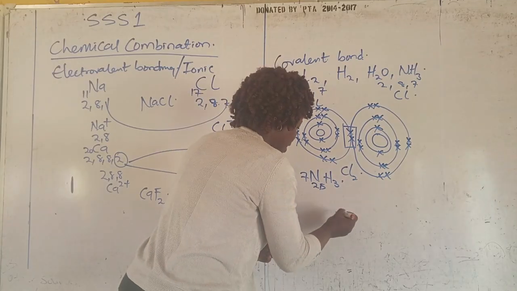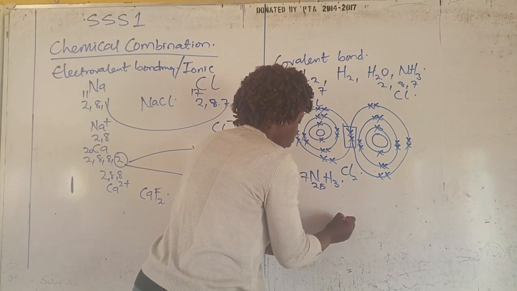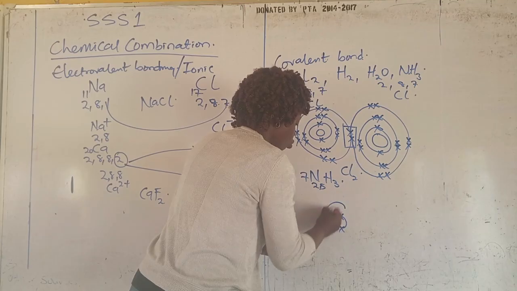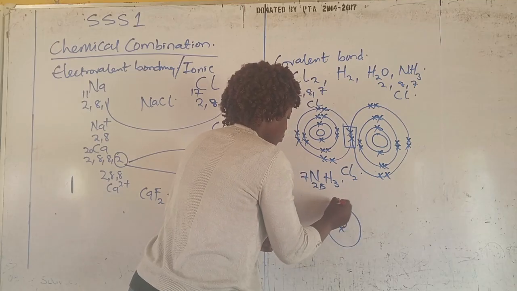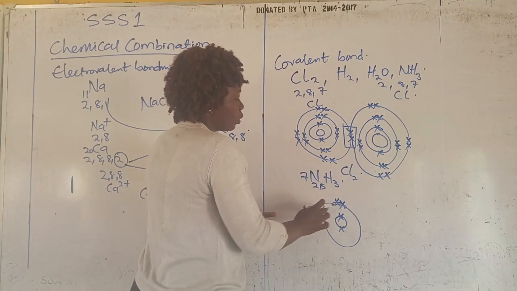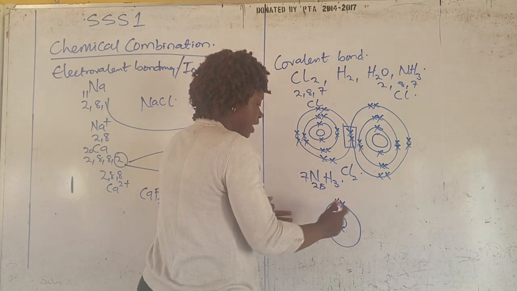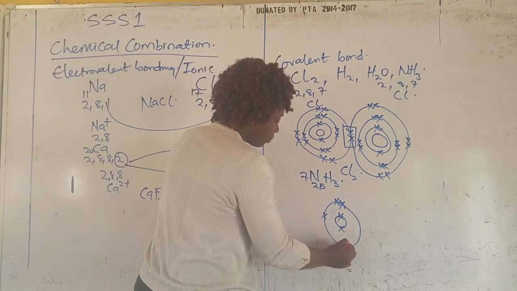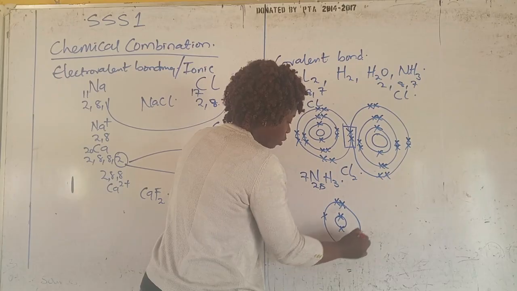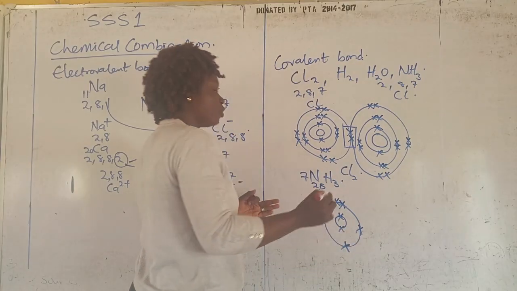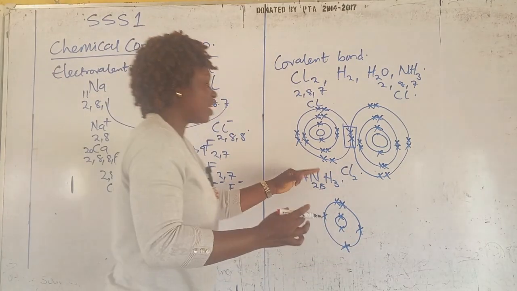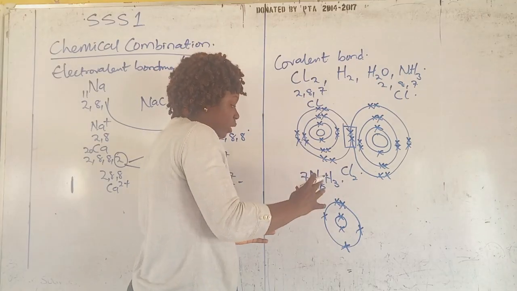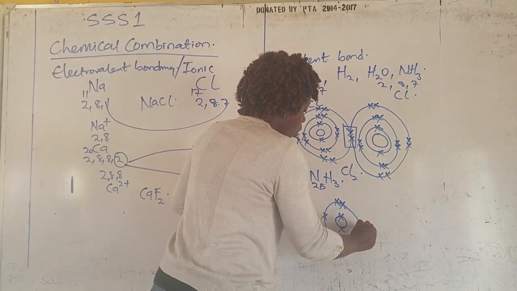So let me first draw the nitrogen at the middle. So you have something like this, 2 and 5. So this is 2. Then the remaining 3 electrons, I'm going to split them, because it's the remaining 3 electrons that the hydrogen is going to attach to. And you know that each of the hydrogen will be coming with one electron.